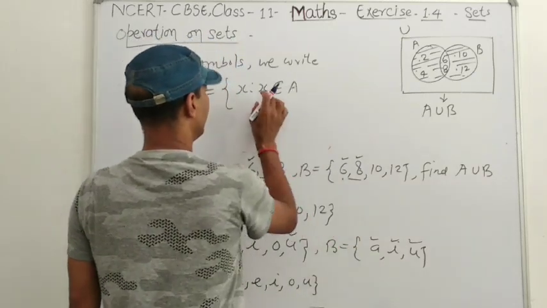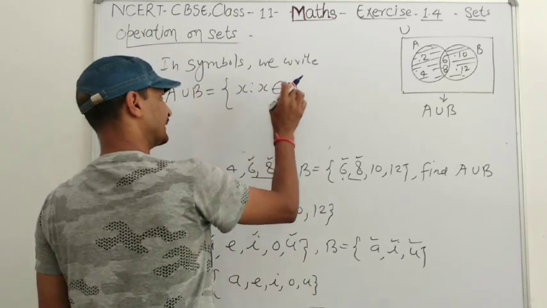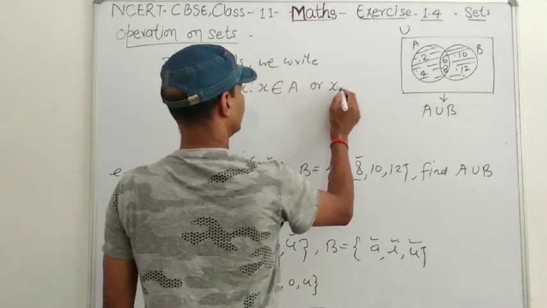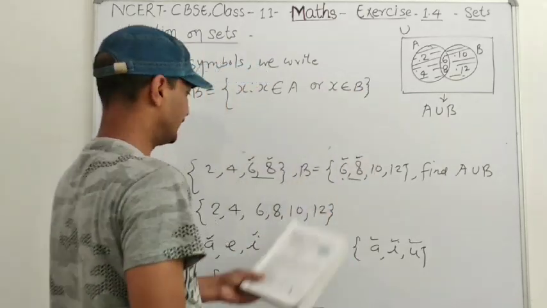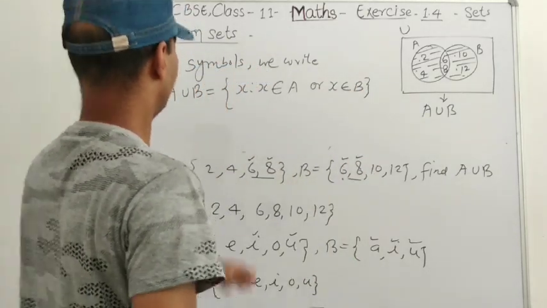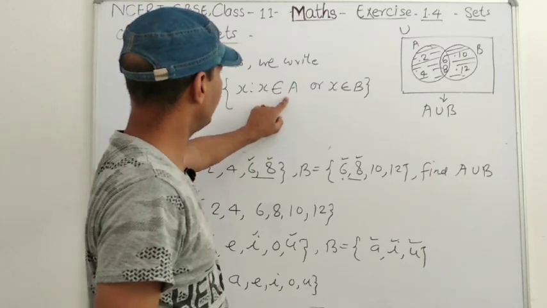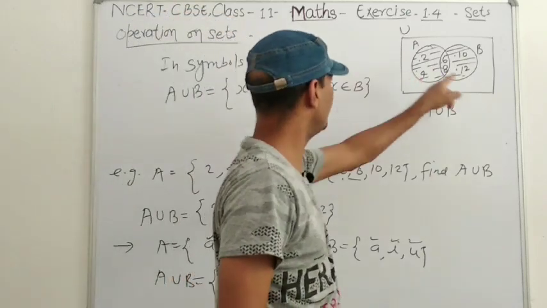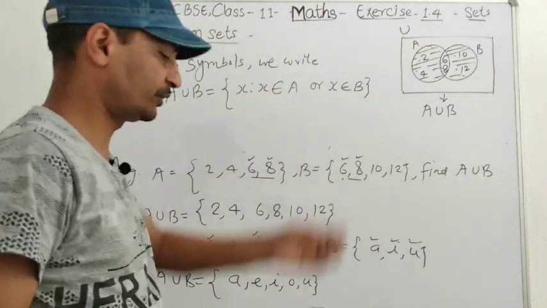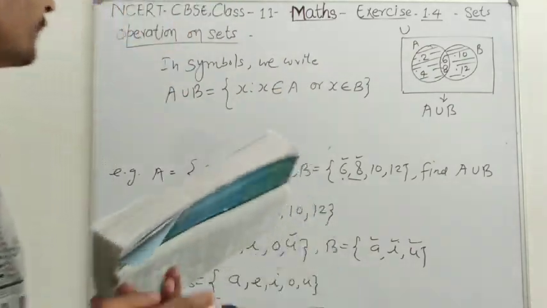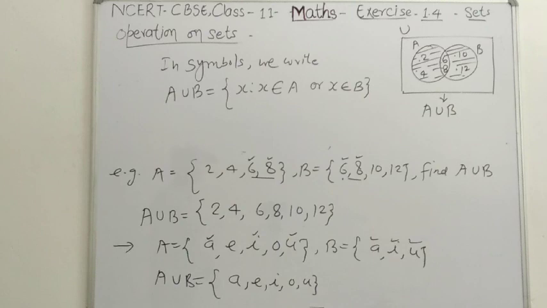That means elements must be in A or in B, and we can say also both. So it is the symbol to denote A union B.